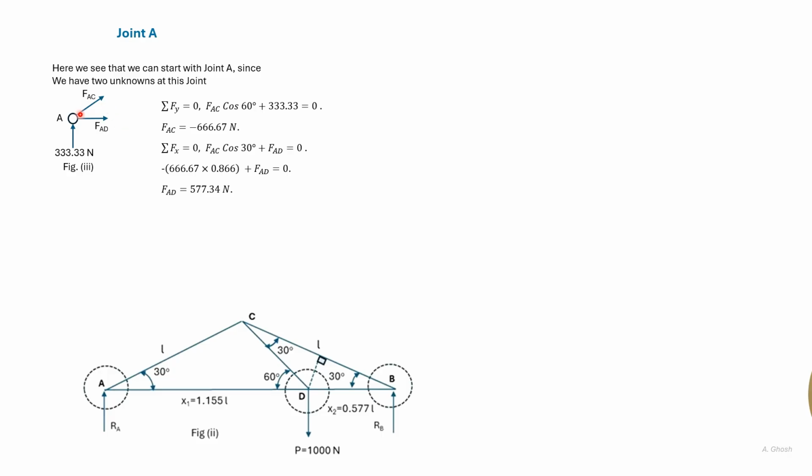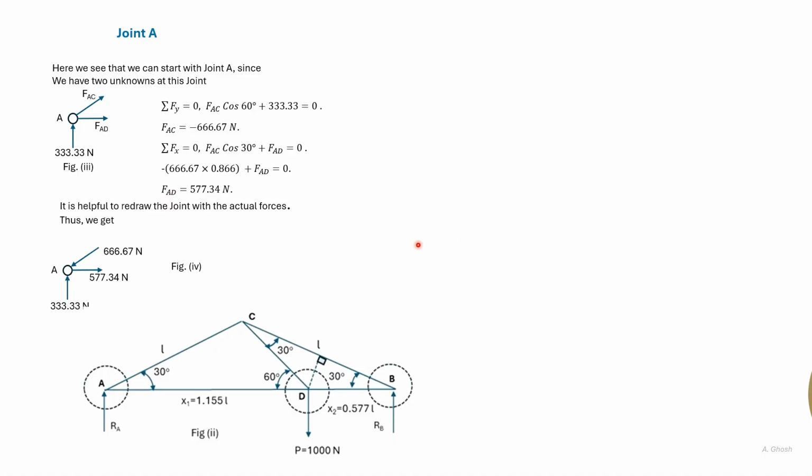So here we see that FAC cos 60 plus RA would be 0, from which we get FAC. Also FAC sin 60 plus FAD is 0, from which we get FAD.